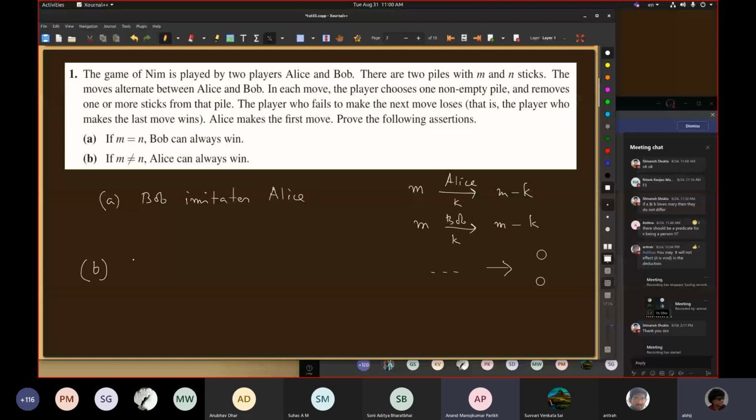So Alice forces M equal to N in her first move, and then the situation just gets reversed. Anyway, this is a simple exercise.